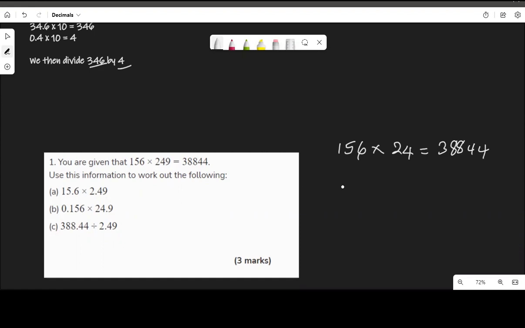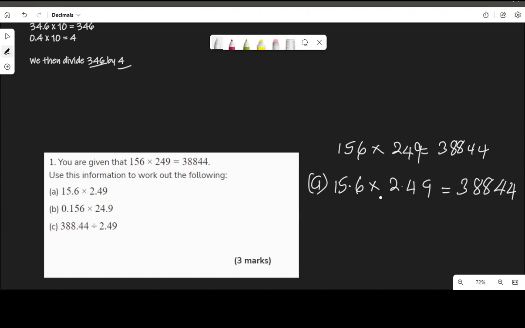And now they asked me to find the value of 15.6 times 2.49. What I will do is to write this answer in front of it first. 38844. If you look at this number, the difference is the decimal point there. Look at this number, the difference is also the decimal point.